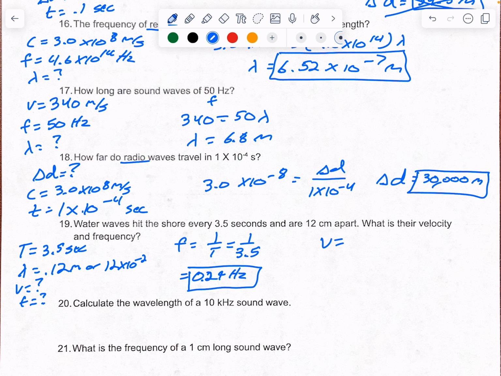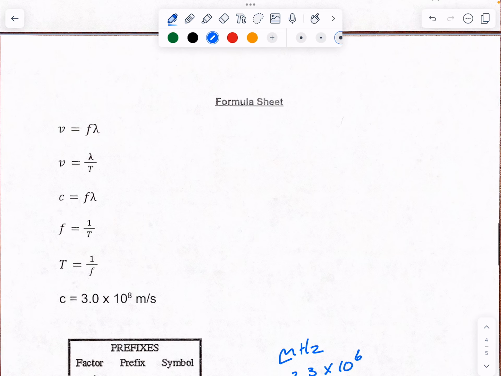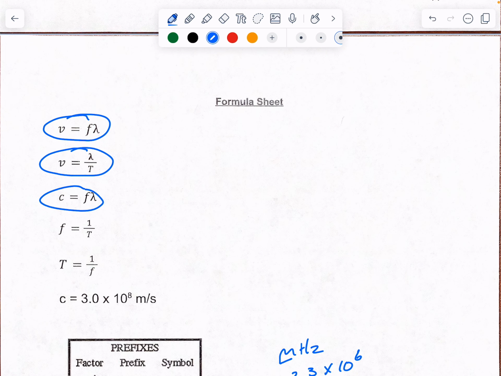Remember, velocity equals wavelength over T as well. So down here, I give you your equations. I give you V equals frequency times wavelength. I give you V equals wavelength divided by your period, your time. C equals frequency times wavelength. These are basically the exact same thing.